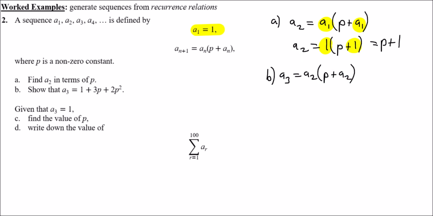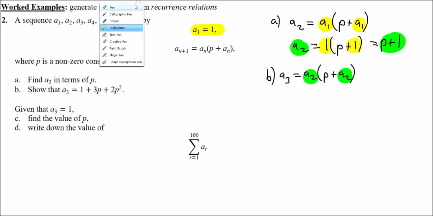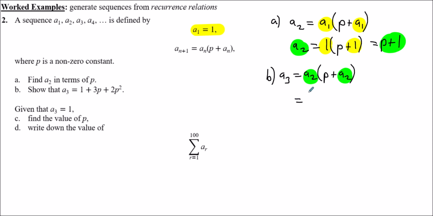But here, we now know what a2 is. a2 is p + 1. So I can sub this in to work out what a3 will be in terms of p. That's going to equal a2, that's (p + 1), then (p + a2), that's (p + 1).